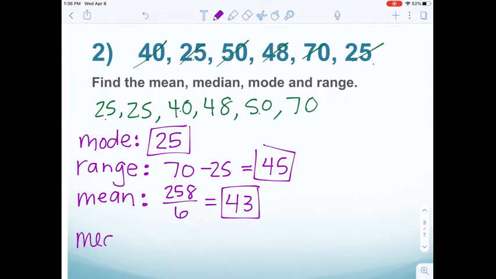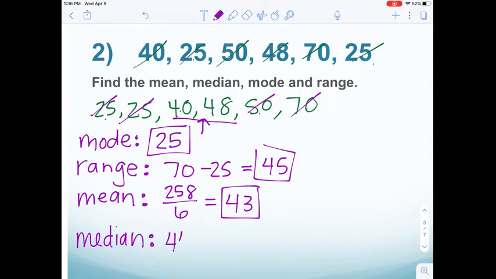And then the median is the number right in the middle. So I'm going to do chopsticks with my data, and I'm going to figure out what number is in the middle. I cross off that first, then the last. Keep going, and I'm left with 2. So I need to find the number right in the middle. To do that, I can just think, okay, 40 and 48, what number is right in the middle? 44.